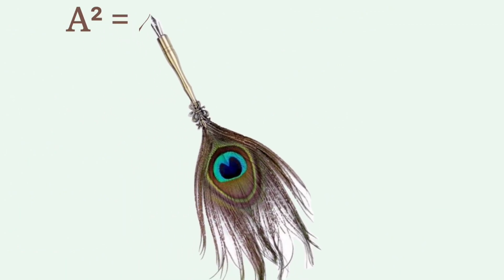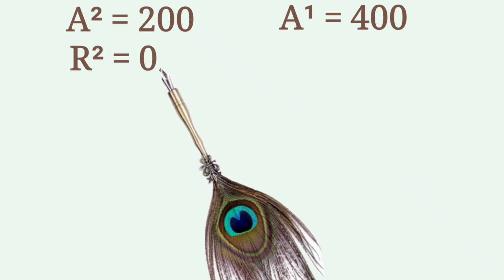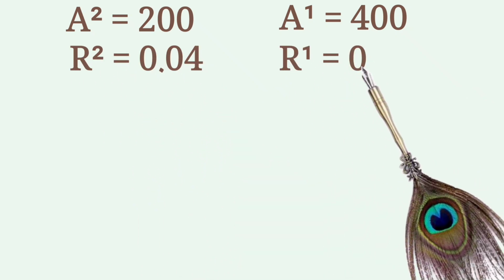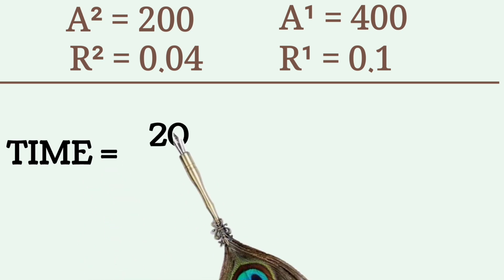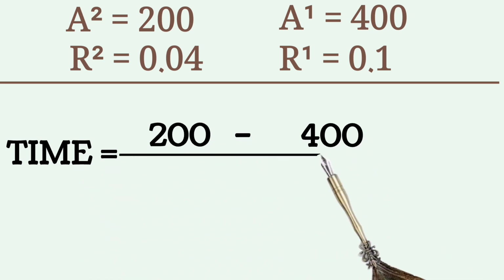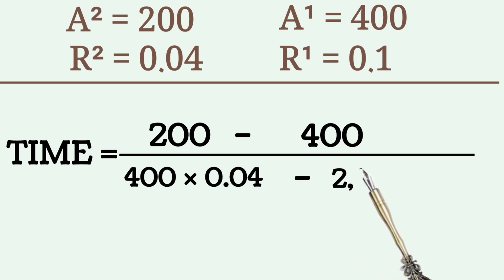Let's move to the solution. A2 is 200, A1 is 400, R2 is 0.04 and R1 is 0.1. So time is equal to (200 minus 400) divided by (400 into 0.04 minus 200 into 0.1).